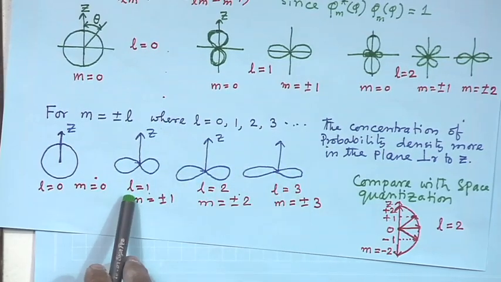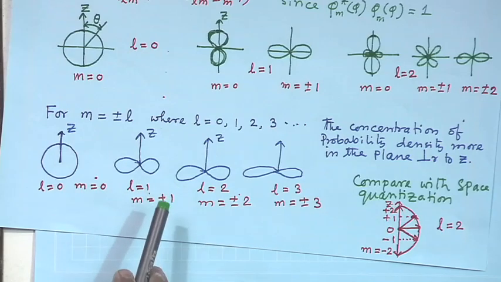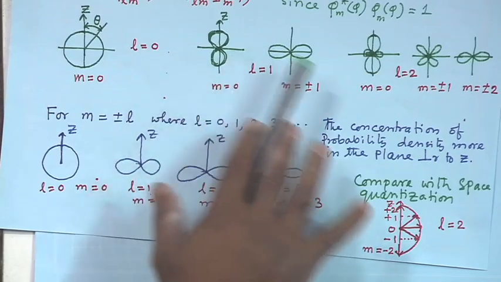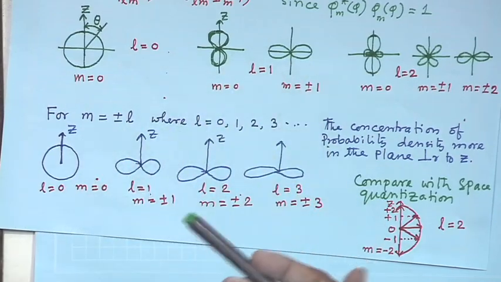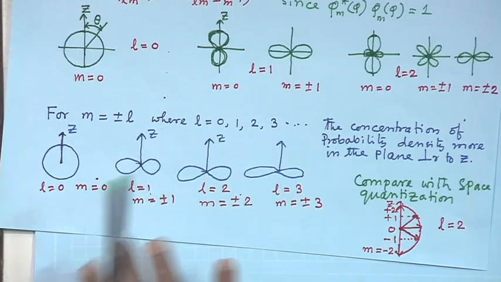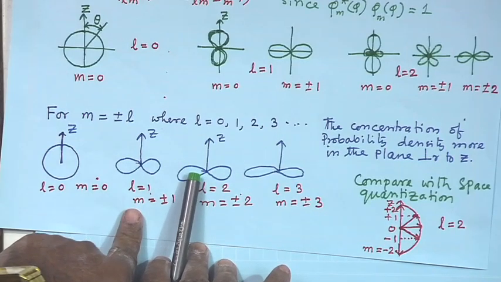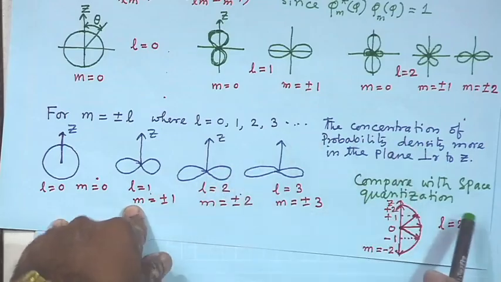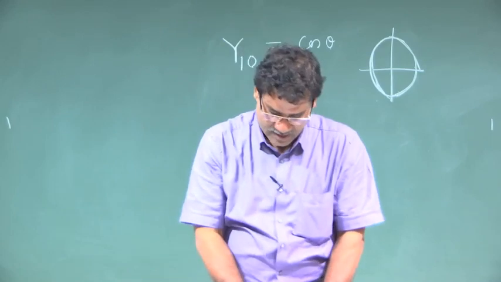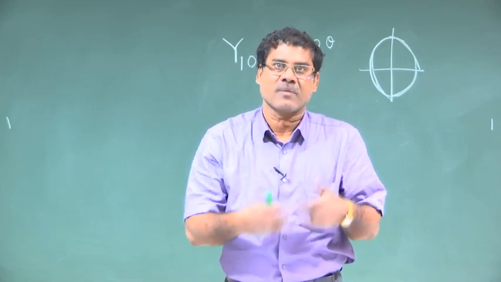So for maximum value of m, equal to plus minus L, the angular probability density tells us the maximum probability is on the xy plane, which one can compare with the space quantization of Sommerfeld. This is all information we are getting from the wave function.